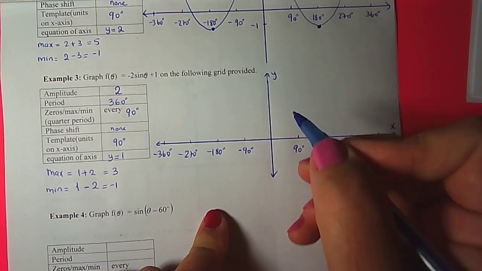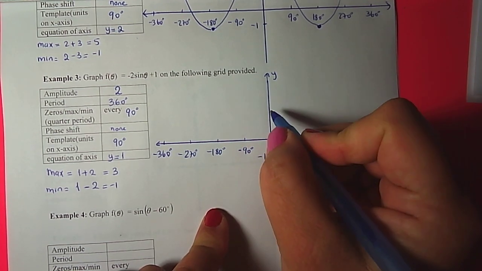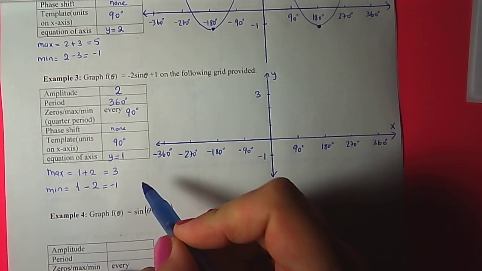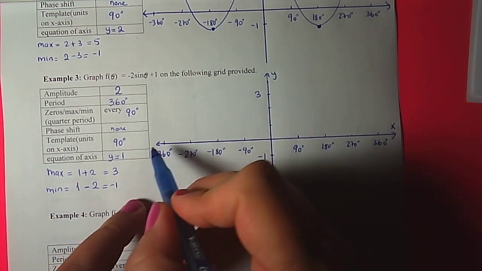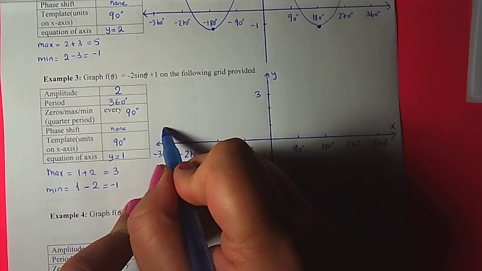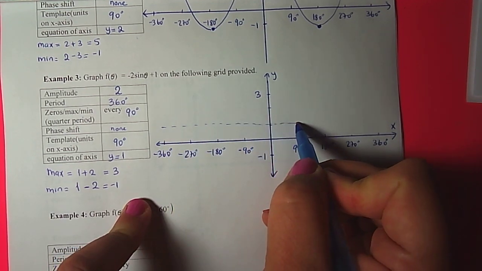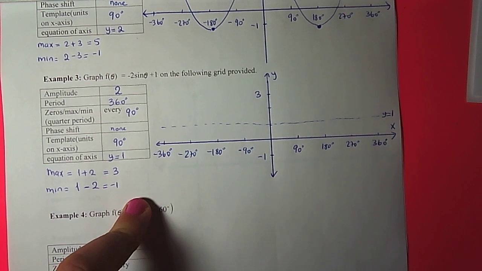Mark minimum and maximum on y-axis. So minimum is negative 1 and maximum is 3. So then draw the axis. So axis is y equals 1. So draw the axis y equals 1.